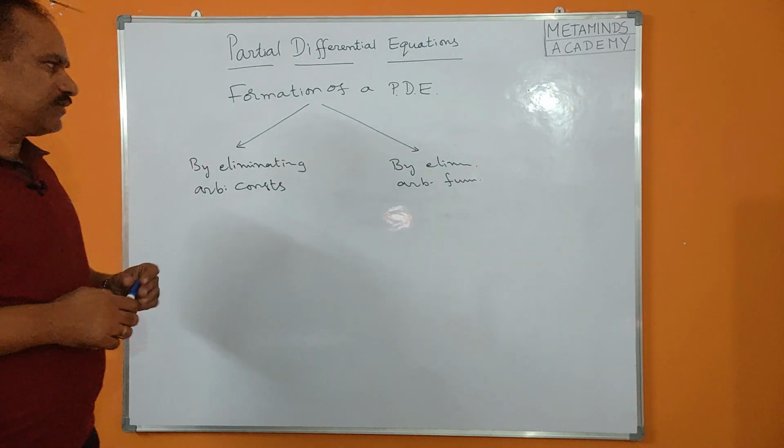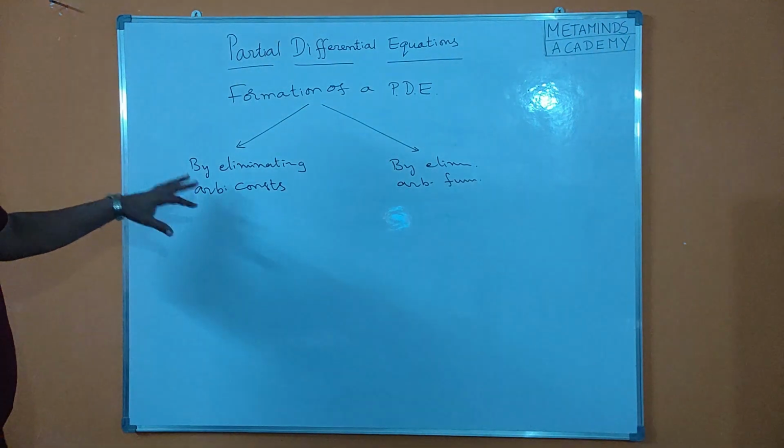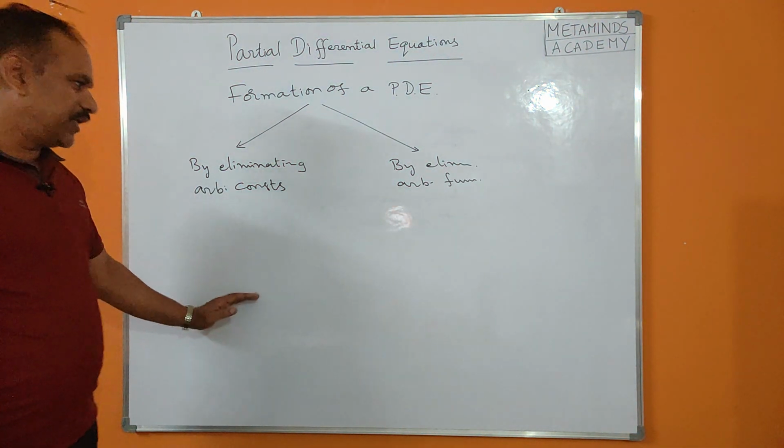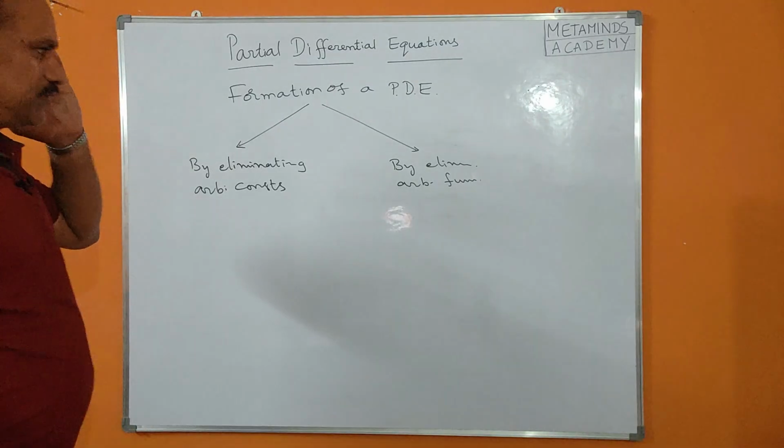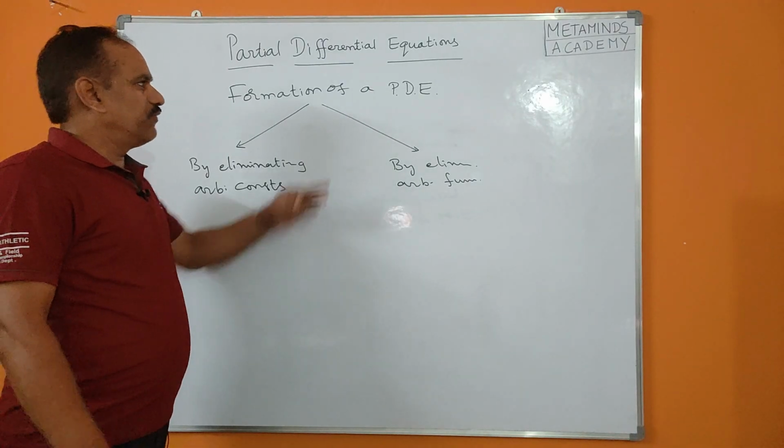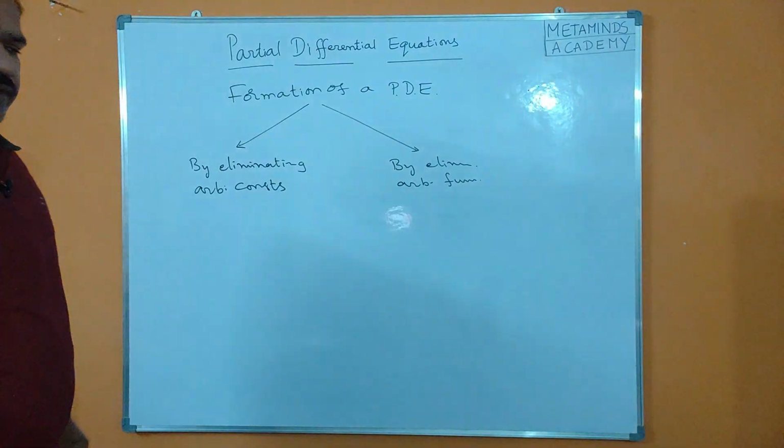So you can eliminate the arbitrary constants and obtain the partial differential equation, or you can eliminate arbitrary functions and then find your partial differential equation.